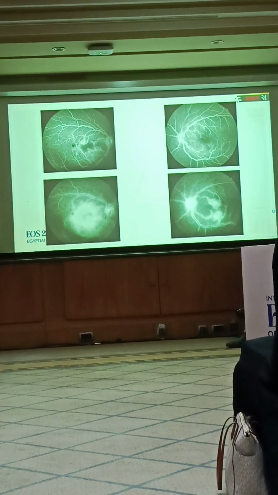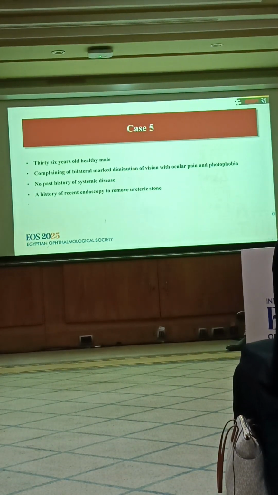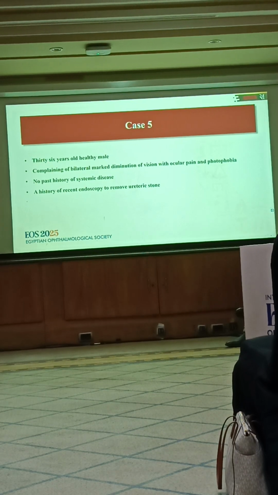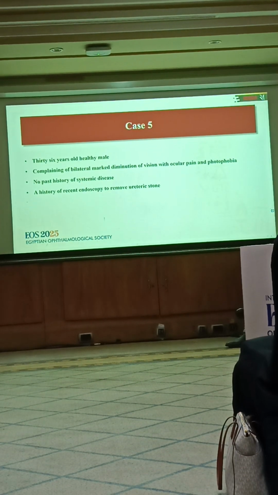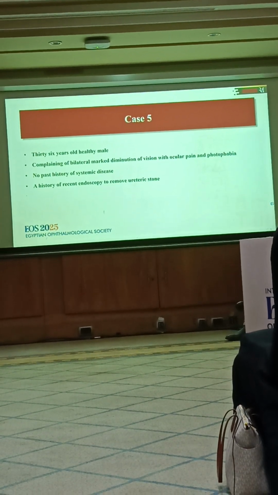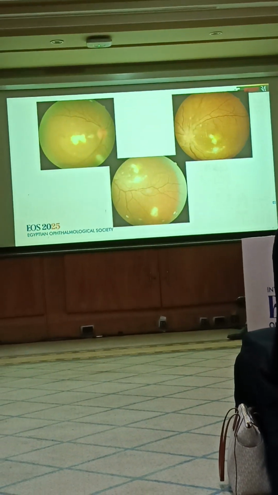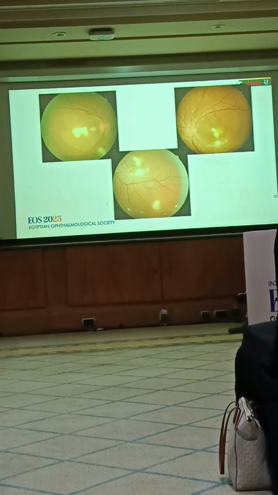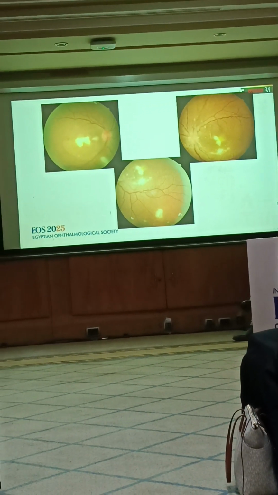But from this picture, I diagnosed the patient because he reported that he had a recent urethral catheter to remove a urethral stone. This is a cause of systemic candidemia. And the typical picture of systemic candida endophthalmitis makes the diagnosis very easy.